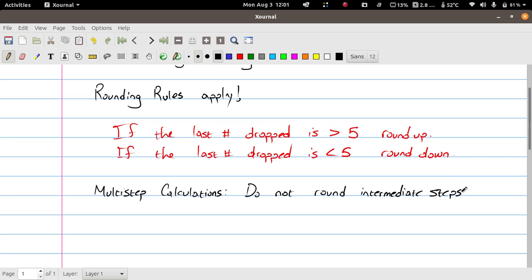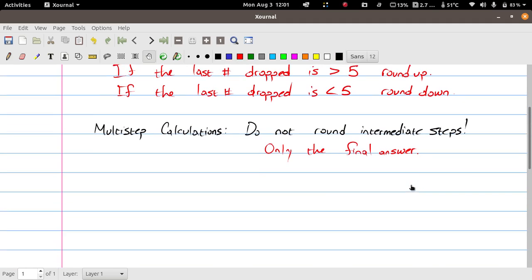That is super, super important because you could get a wrong answer. So you're only going to round the final answer.